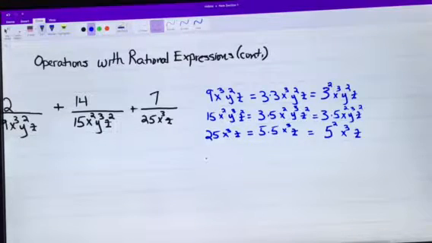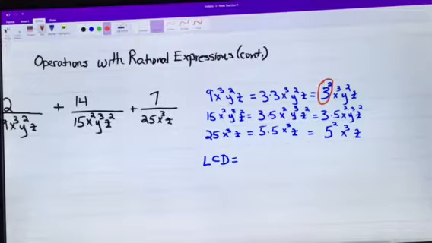Now, the least common denominator will consist of the highest degree representations of each factor. For the numerical factors, we have 3 and 5. The highest degree of 3 among the factorizations is 3 to the second.